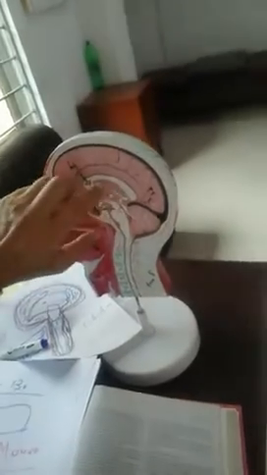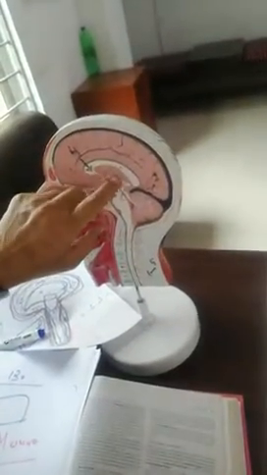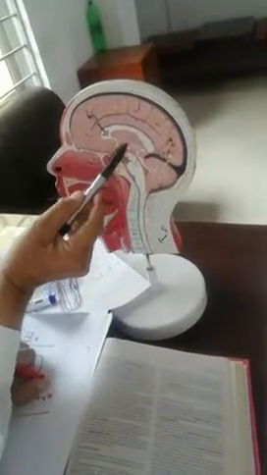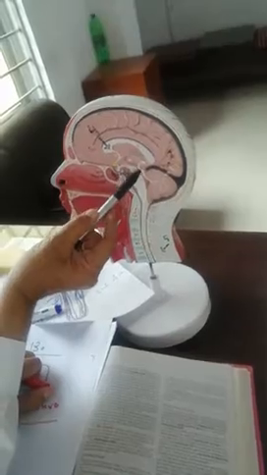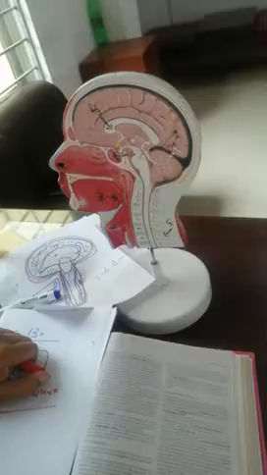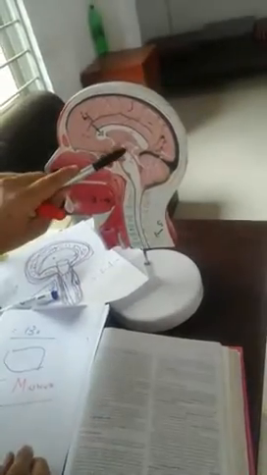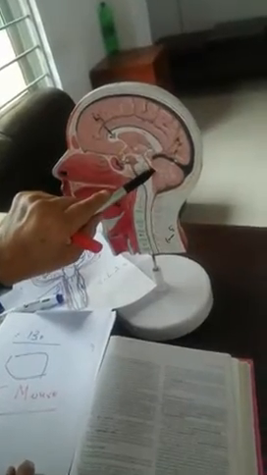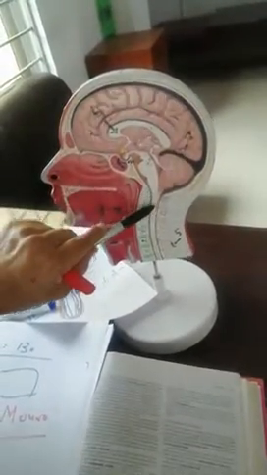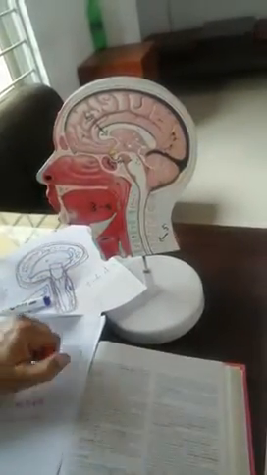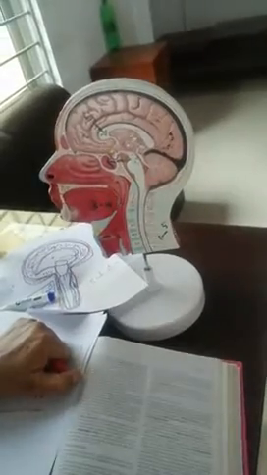And then from the third ventricle, the CSF, which is also produced there by itself, flows through this canal. Can you see this canal? Through this canal, which is called the cerebral aqueduct. And then from the cerebral aqueduct, this fluid ultimately comes over here into the fourth ventricle, and some fluid goes downward into the subarachnoid space of the spinal cord.